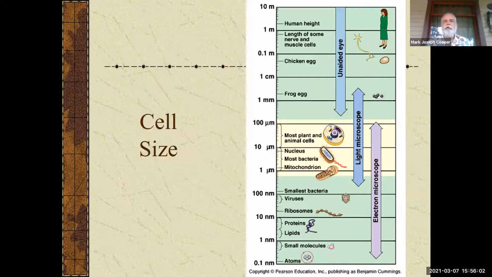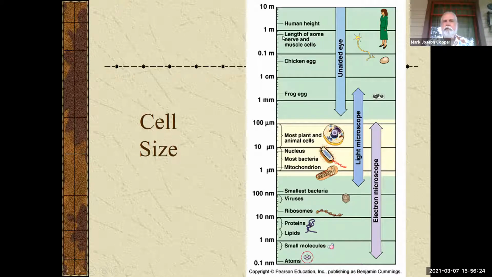All right, so we want to talk about cell size. This is a strange topic. I want to make sure you understand why. They're showing you the range of cells here. The smallest bacteria, 100 nanometers. And then you're seeing some of the larger cells. A frog egg is pretty large, chicken eggs are pretty large.